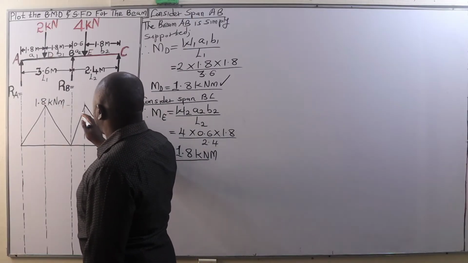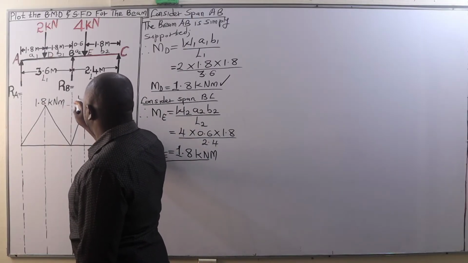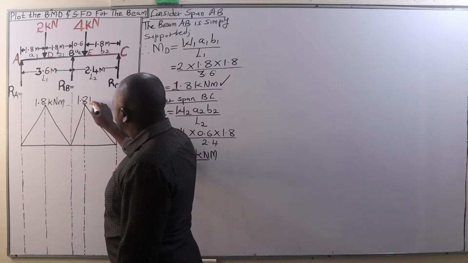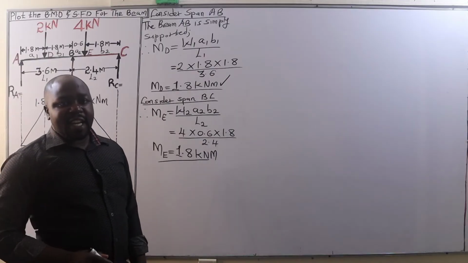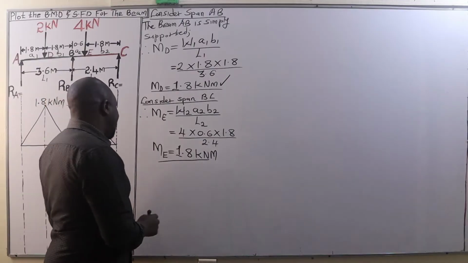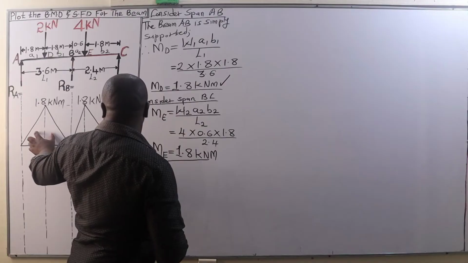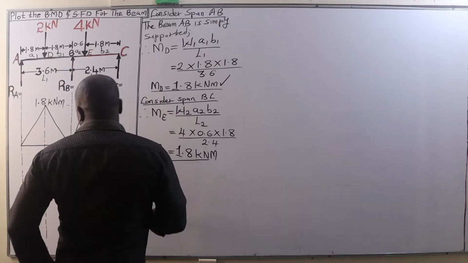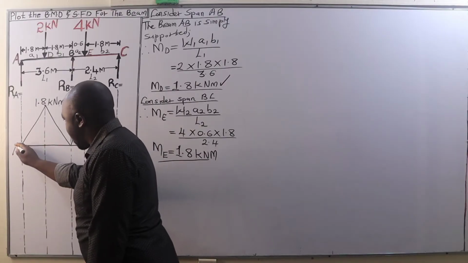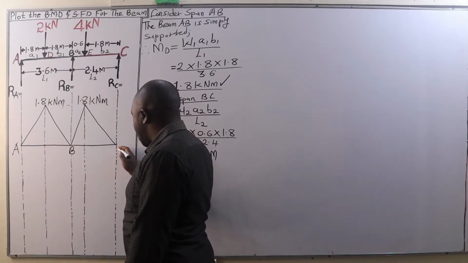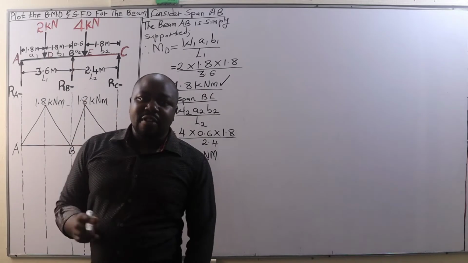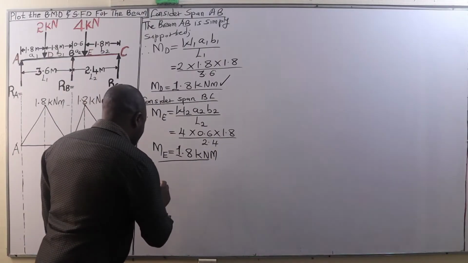So this is also a bending moment of 1.8 kilonewton meters. Then the next thing we are going to determine is the area of this bending moment diagram between span A and B, as well as between span B and C. Therefore, we go to the area of the bending moment diagram.